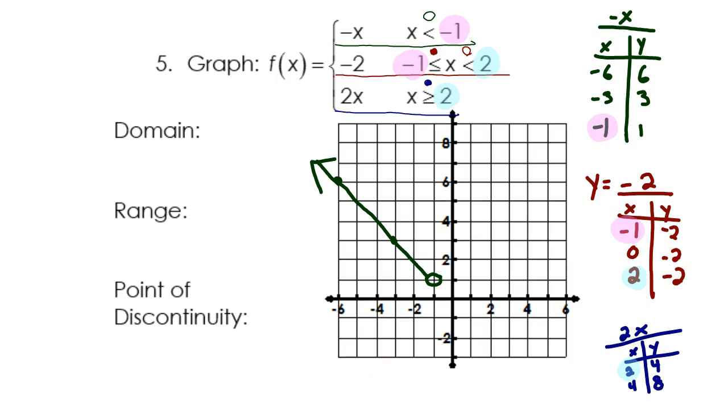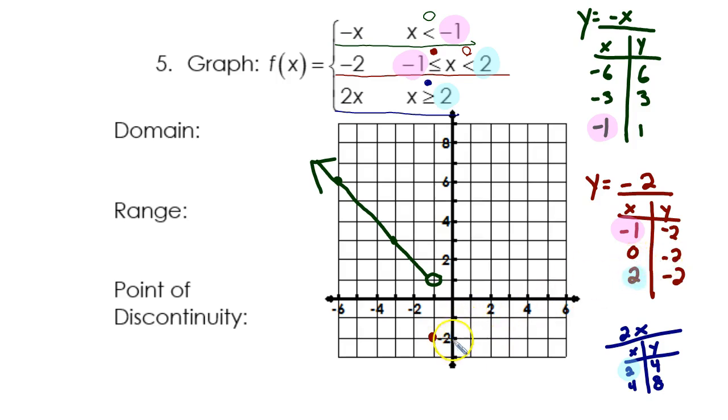So whereas the top one was y equals -x when x is less than -1, this one is always equal to -2 no matter what the x value is. So for these 3 x values, it really doesn't matter. The function's always equal to -2. I pay attention to my signs. It's less than: negative 1 is less than or equal to x. So I use a closed circle for negative 1 comma negative 2.